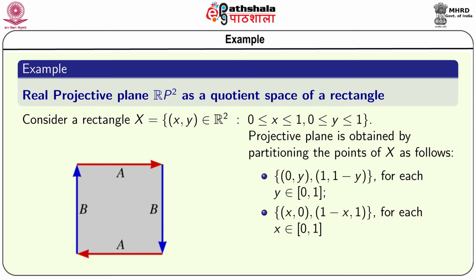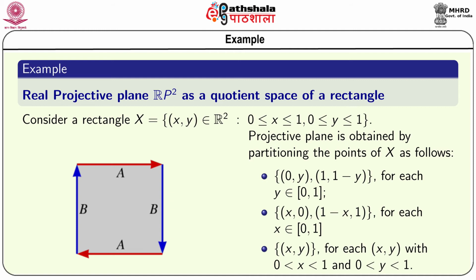While gluing the lower edge with the upper edge, we are using a twist again, and the rest of the points are kept single. That means, they are not identified with any other point and thereby give the real projective plane.